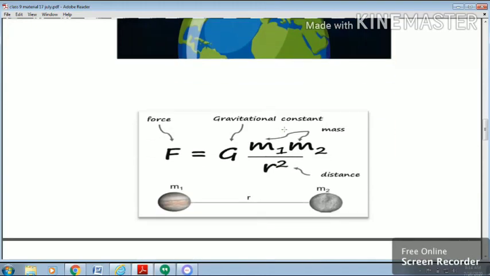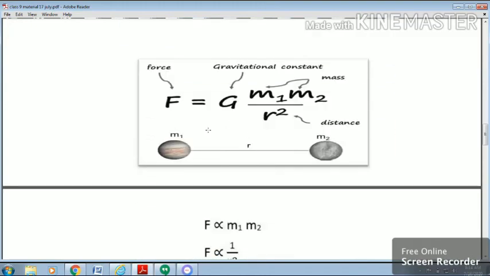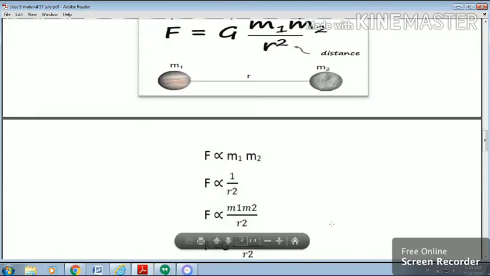Here we consider two bodies of masses m1 and m2 separated by a distance r. According to this law, force is directly proportional to the product of their masses. We have considered m1 as the mass of this heavenly body and m2 as the mass of this heavenly body, so it is the product of m1 and m2.